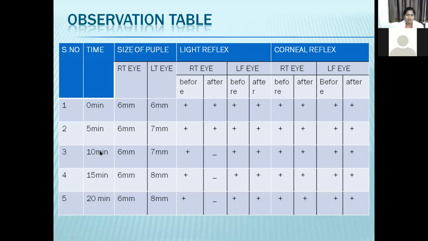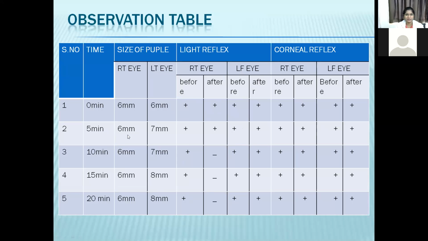At 0 minutes we have to check both pupil sizes, the control eye and the test eye, right and left, both eyes. The normal pupil size is 6 mm, and after installation of the drug we have to check the light reflex and corneal reflex.